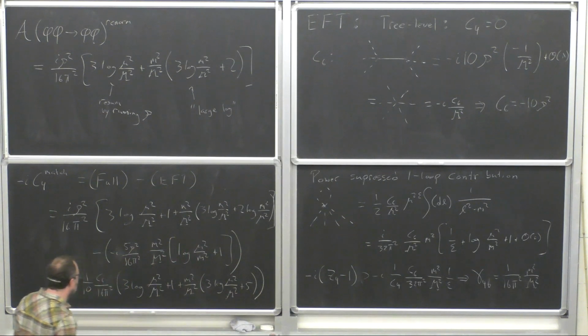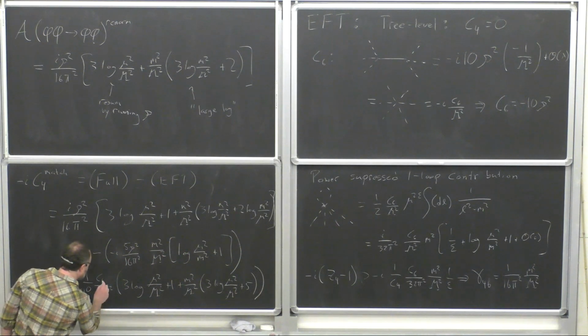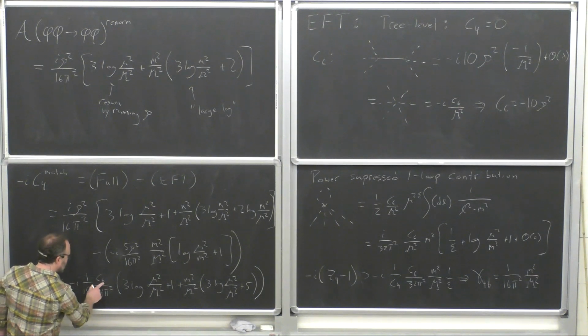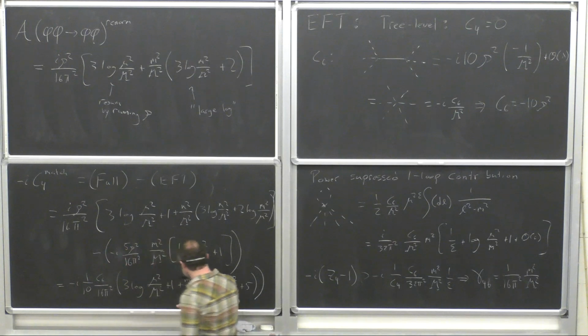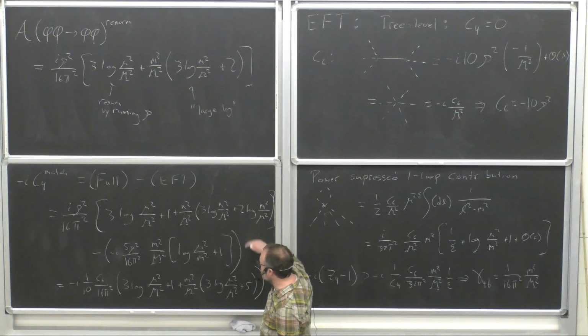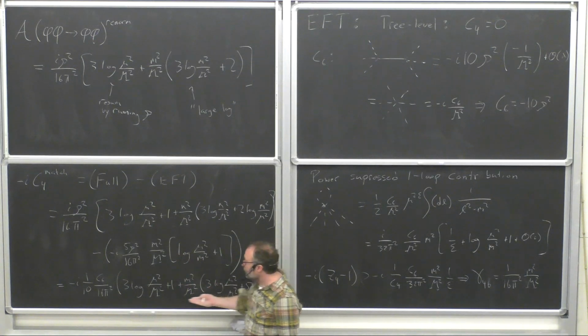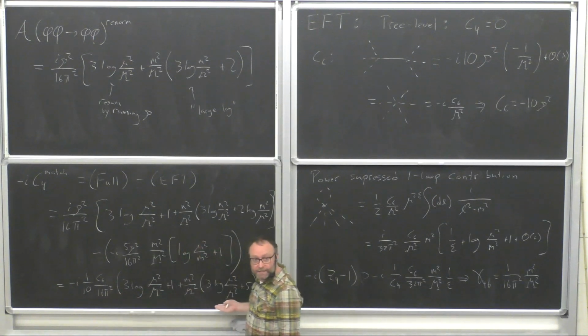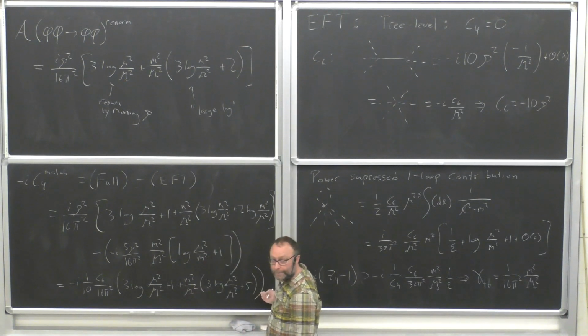Okay, so assuming I didn't make any typos, which I'm not guaranteeing, the right answer is definitely in the notes. But the point here is that at these intermediate steps, I had these logs of little m, but now my one loop correction to C4 is manifestly independent of log little m, right?